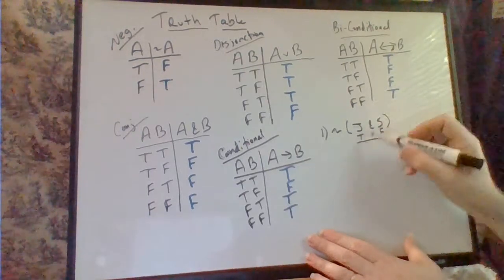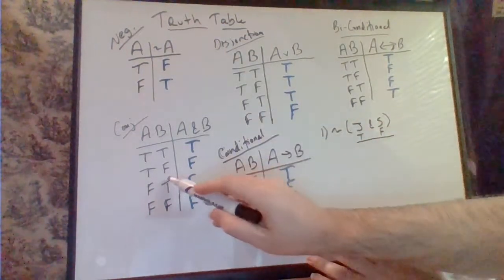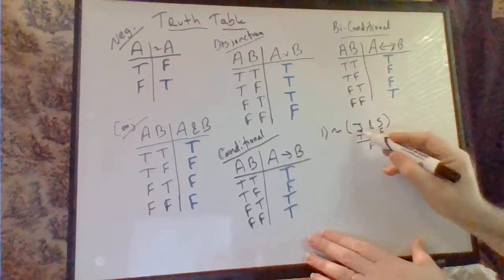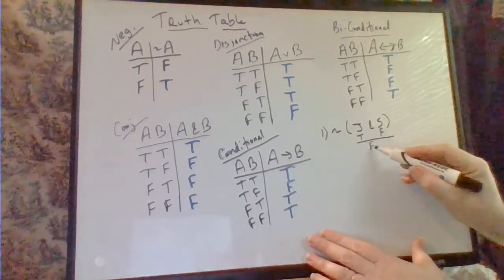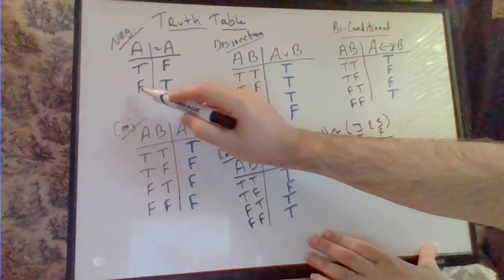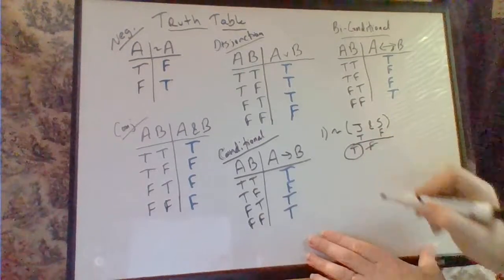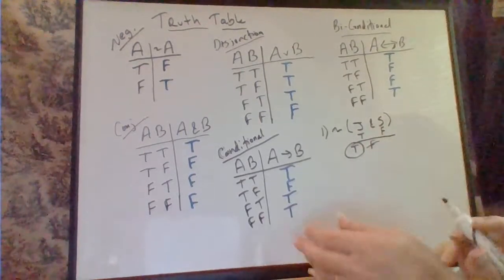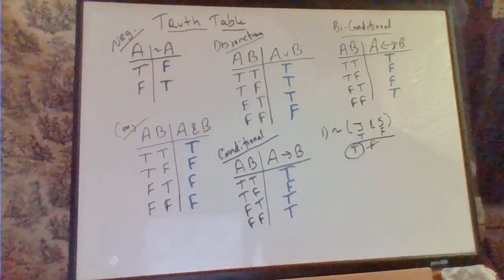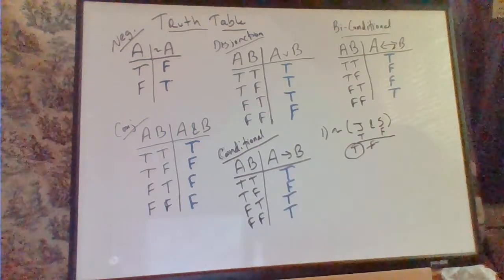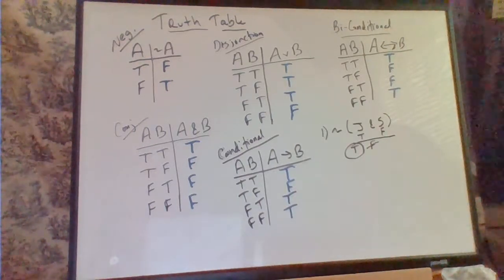True, false with the ampersand gives you false. There's a tilde outside of that, so the total value is going to be negated. When you negate false, it becomes true. Okay? And so we know that the statement, it is not the case that Jupiter is the largest planet and the Sun is a planet, we know that statement to be true.